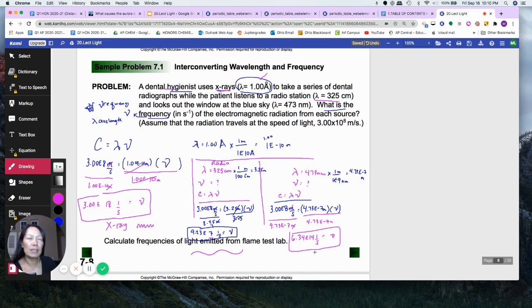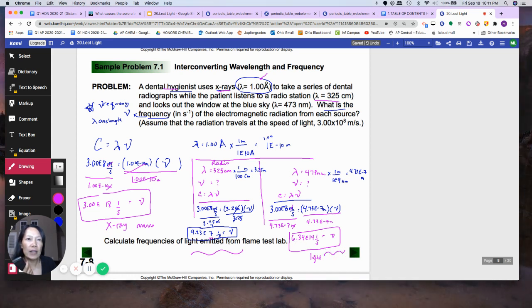You don't feel the waves as much. Over here, this is the sky, so this is a light wave. It's shorter than a radio wave and has a little higher frequency than a radio wave, but lower than an X-ray. Okay, and they are all electromagnetic radiation.